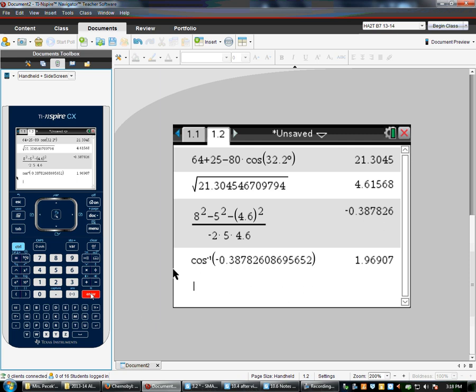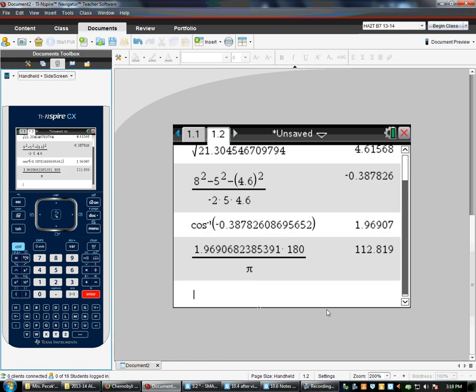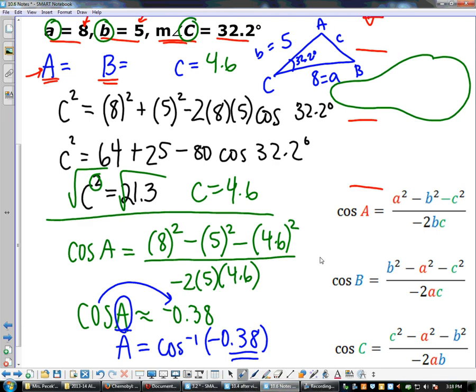Remember, your calculator gives you answers in radians, so we'll convert it to degrees by multiplying by 180 divided by pi. And we'll find out that angle A is equal to about 112.8 degrees.